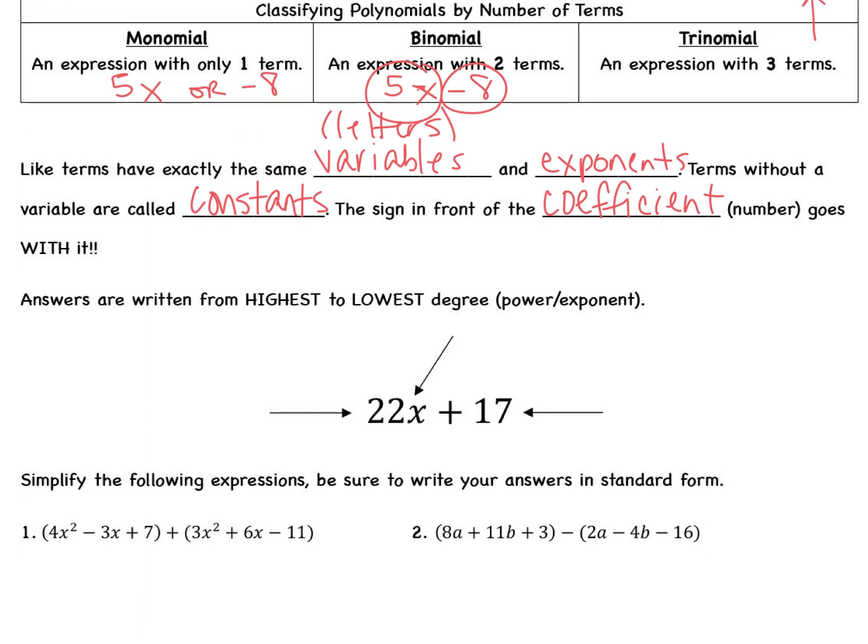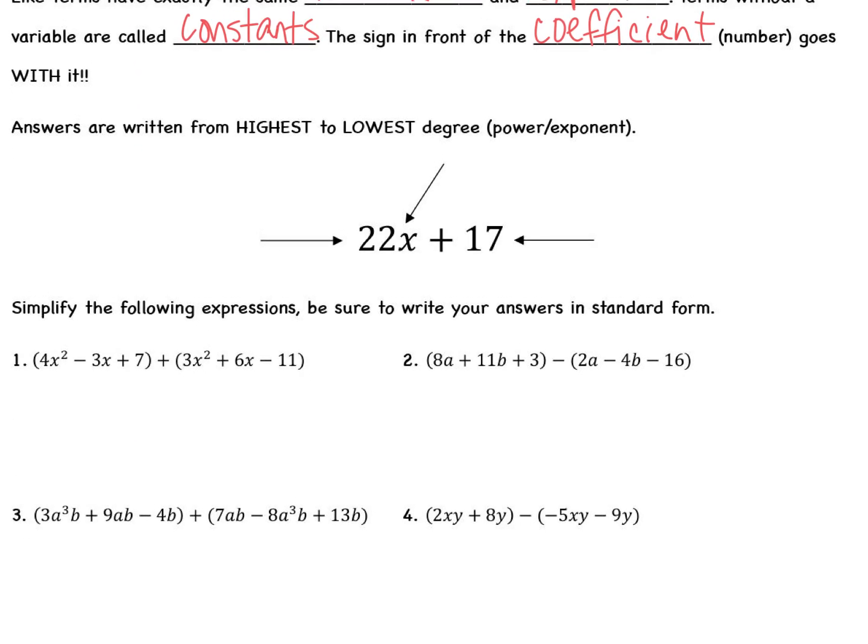So things I want you to keep in mind, right? If you have a number in front of a letter, that is called the coefficient. What's a letter called? Do you remember? A variable. Good. And then this 17, which happens to be a positive 17, it doesn't have a letter.